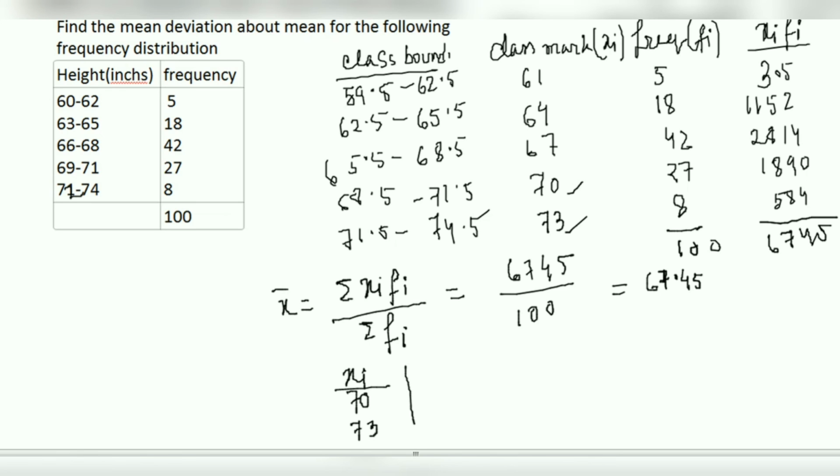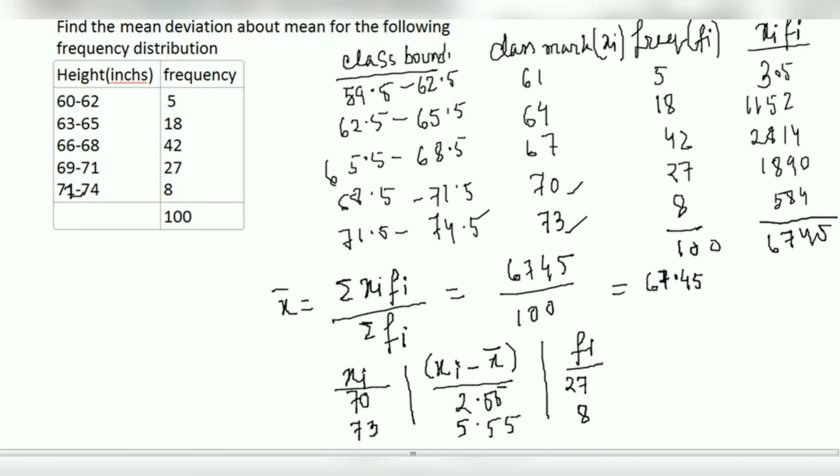Now we should find xi minus x bar. So xi minus x bar will be 70 minus 67.45, that means 2.55, and 73 minus 67.45, that means 5.55. Again the frequency fi is 27 and 8.